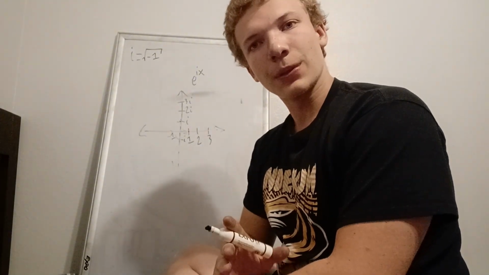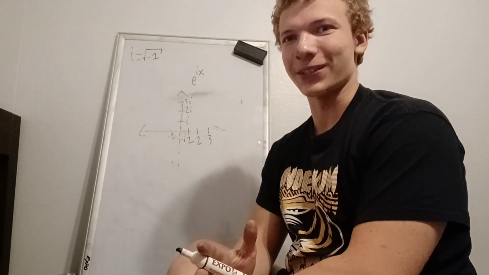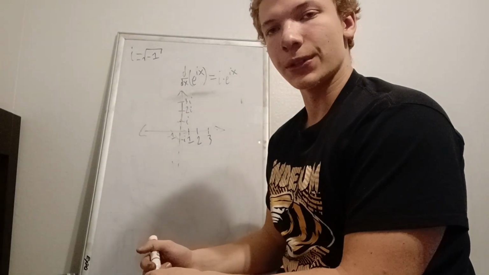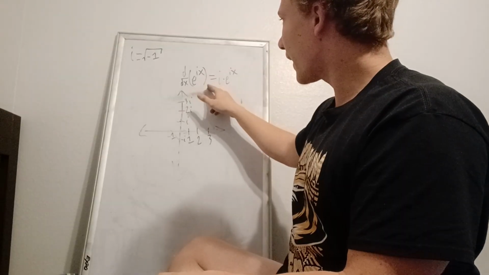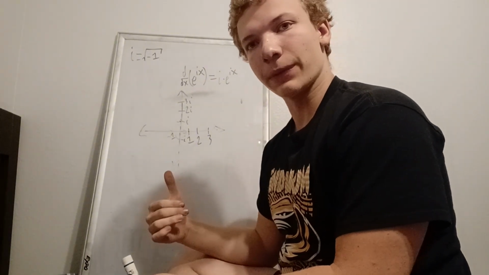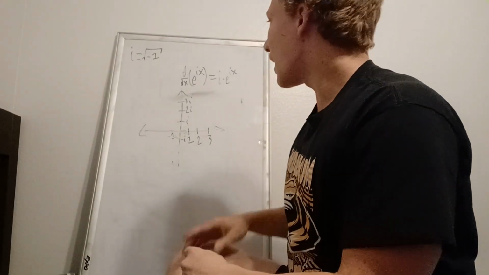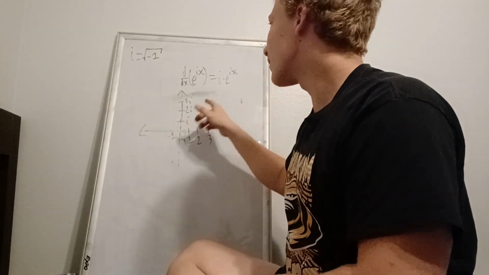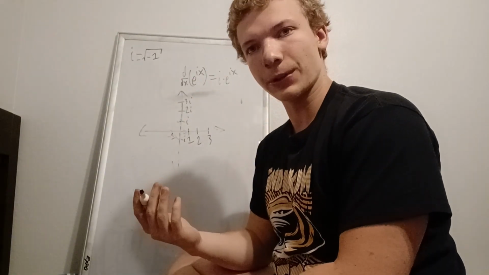And to do this, we need to consider the rate of change of the function. Wait a minute, what's the rate of change of a function? Its derivative. Since i is still just a constant, we see by the chain rule that the derivative of e to the ix is equal to i times e to the ix, meaning that the velocity of the function, right, the rate of change, the speed, the velocity, is always going to be i times whatever it is in terms of position, since e to the ix is the original position function.